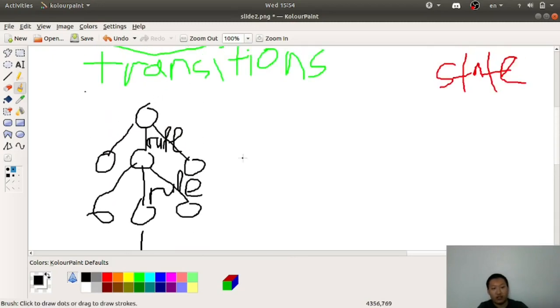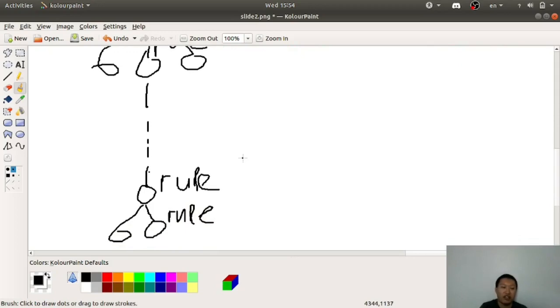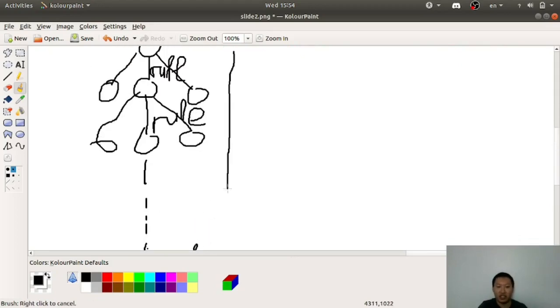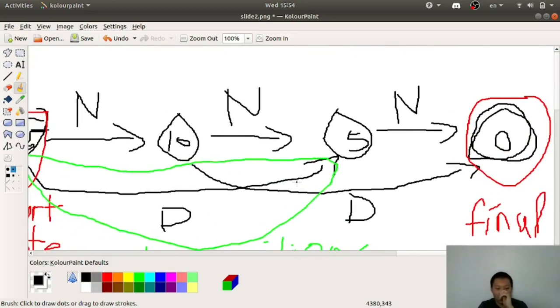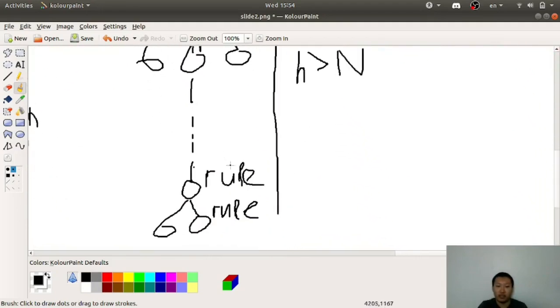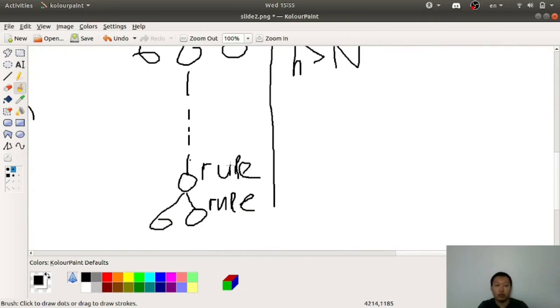And so let's consider a tree where the height is greater than the number of rules. Well, that means we used one rule at least more than once. So in other words, there's some sort of loop. We can keep applying that rule. So in the original pumping lemma, we went to one state more than once, and now we're applying a similar strategy, using one rule more than once and showing that there's some sort of loop that follows if you apply a rule more than once.